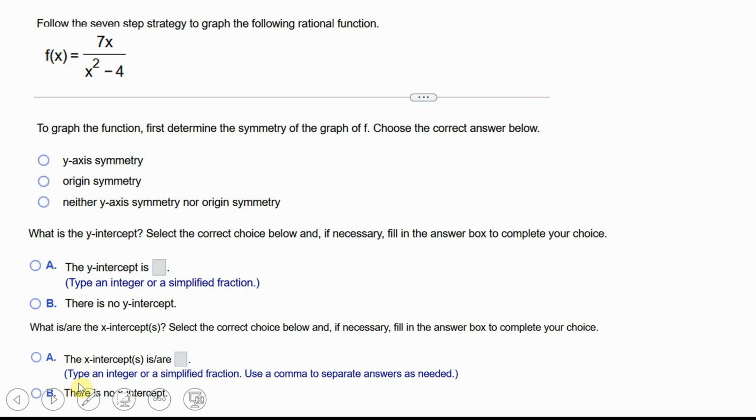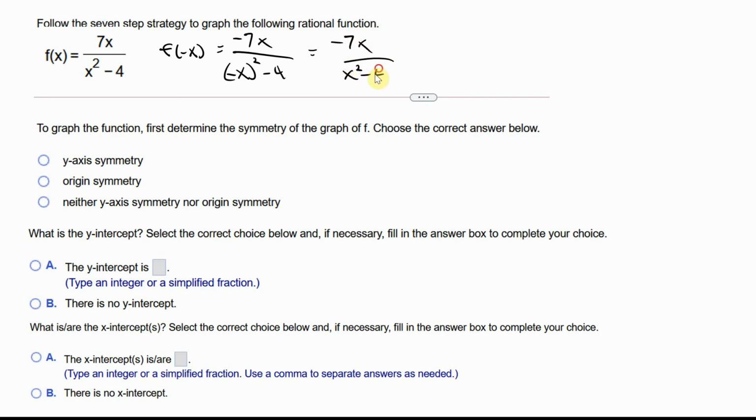All right, we have another one. We set that up. So we determine symmetry. I'm going to plug in a negative x. So this is negative 7x all over negative x squared minus 4. This is negative 7x all over positive x squared minus 4.